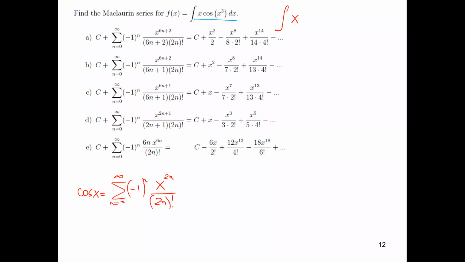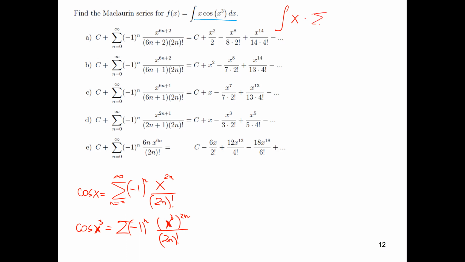But now I do have x cubed. That means instead of x, we will put x cubed. -1 to the n. This will stay 2n factorial, this will stay 2n, but this will be x cubed. That means whatever we put, x cubed, x to the power of, I don't know, 5, 6, 7, just placed here.